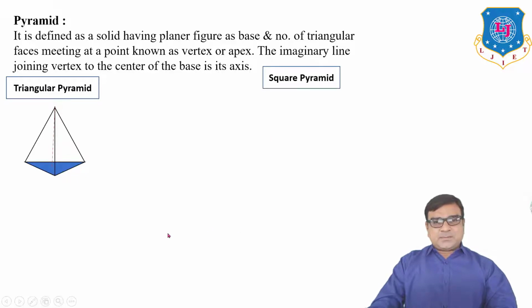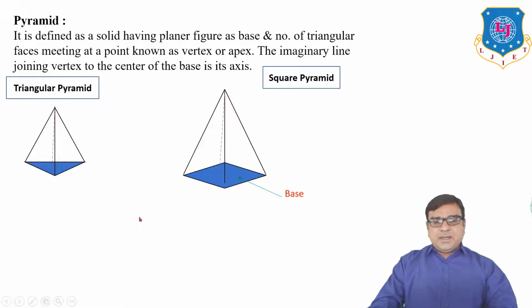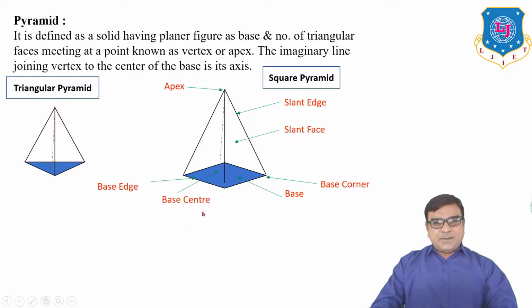So here for square pyramid, base is square and there is one apex connected to all the corners of base. So this is a square base, base edges or side of base, base corner, slant face, slant edge, apex, base center, and the imaginary connection from base center to apex, that is known as axis.